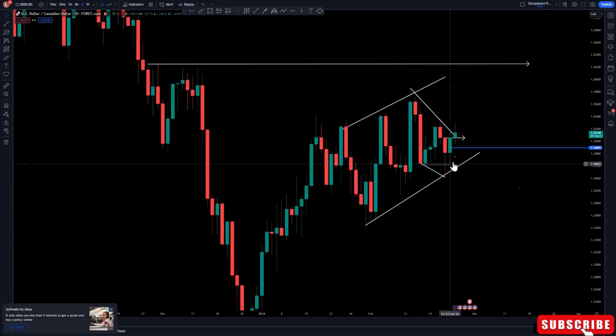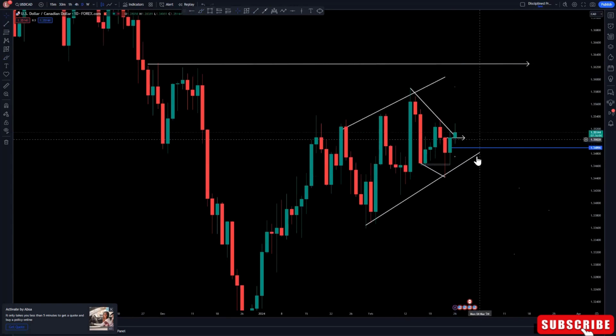We have two bullish candles over there, of which if the market does respect this mini uptrend, it will push up to that level. So hence I would be looking at USDCAD being a buy.